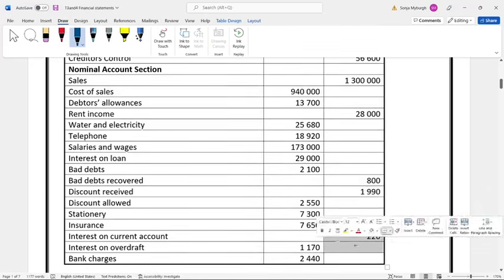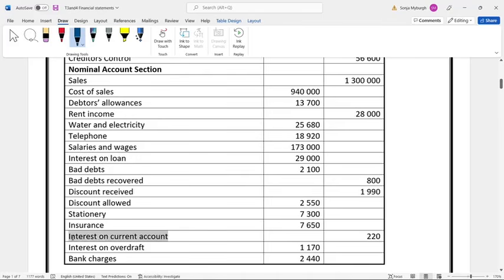All the credits, but obviously interest must be shown separately. Expenses, you look at the debit side, those will all be your expenses, but obviously interest on loan must be shown separately and interest on overdraft must be shown separately.